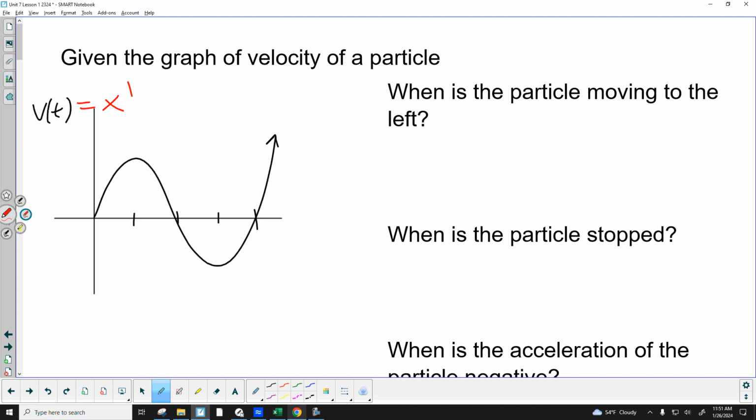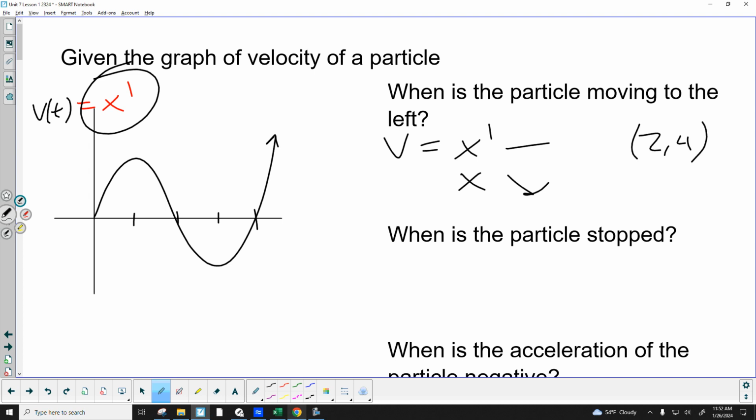When is the particle moving left? When my position is decreasing, when my derivative is negative. Answer the question. Wrong. When is my derivative negative, 2 to 4?